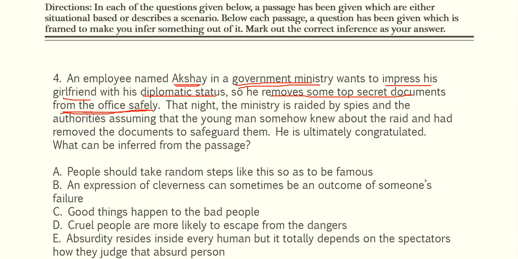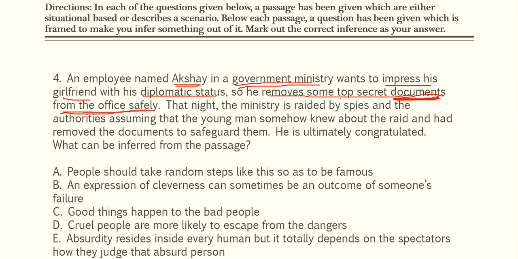Without anyone's notice, right? He's removing the top secret documents. It can be documents related to the safety of the state, safety of the country, something related to terrorism, something high profile, right? Some high profile documents could have been there.